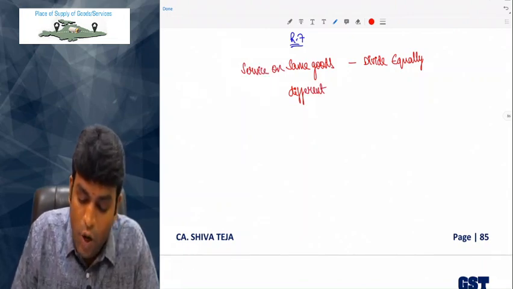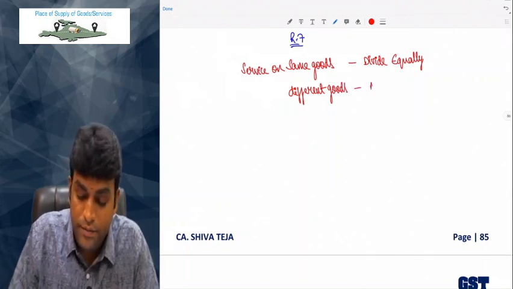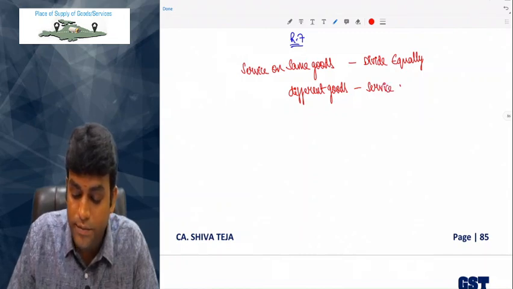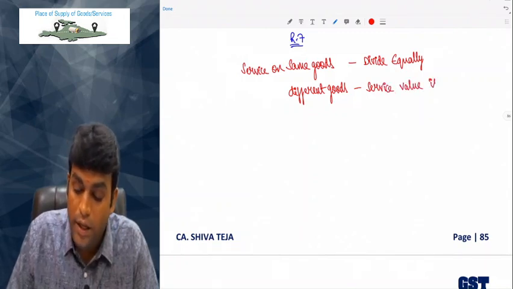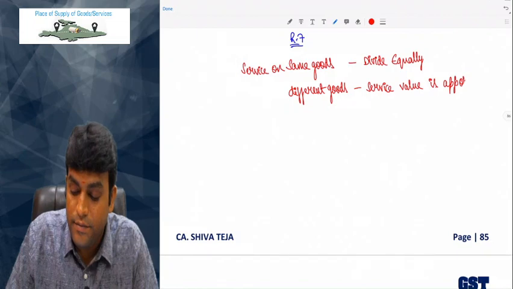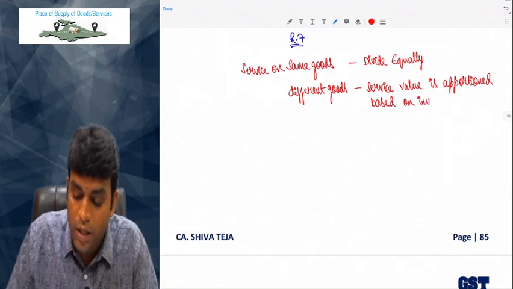And if it is service on different goods, service value is apportioned. Service value is apportioned based on invoice value of goods.